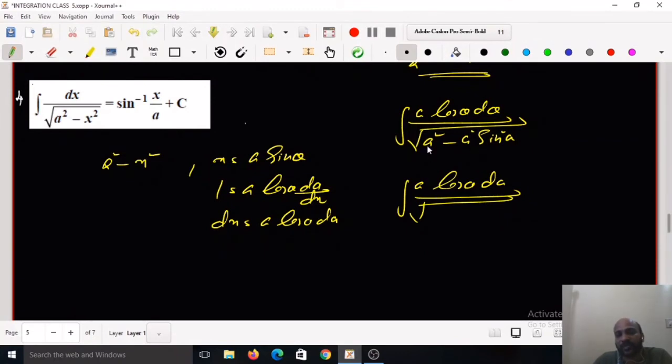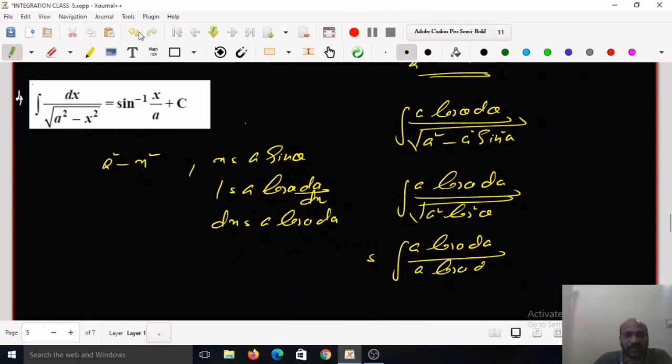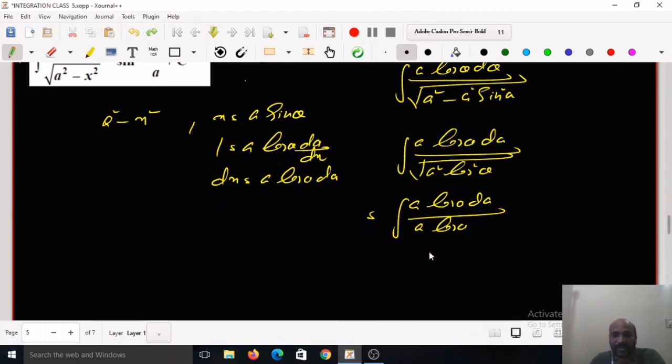Just take a square from both terms, so a square into 1 minus sin square. What is 1 minus sin square? That is cos square theta. Now take the root in the denominator. So we'll get integration of a cos theta d theta over root of a square cos square, which is a cos theta. So you can cancel a, you can cancel cos theta.